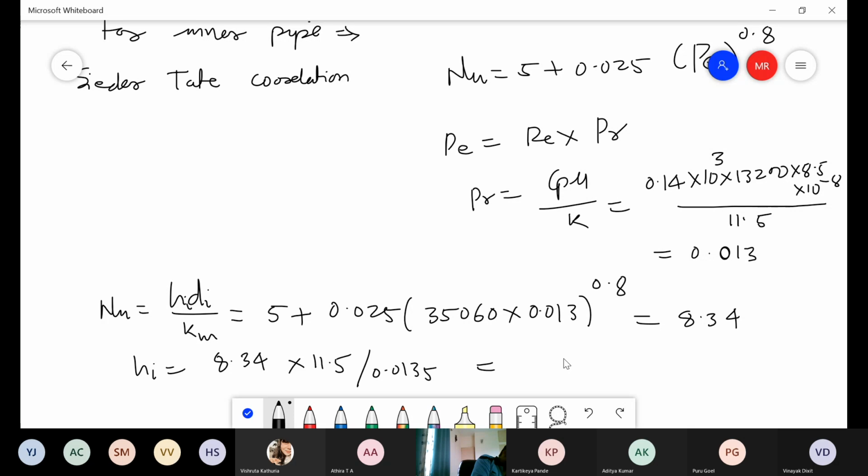Okay, perfectly all right. No problem. Now let us calculate the another factor. So this is 7,112.3 watt per meter square degree Celsius.